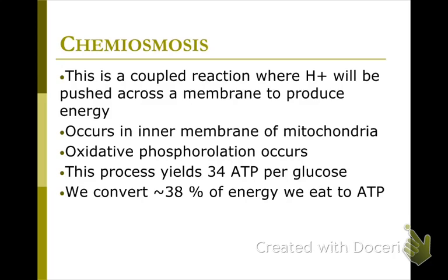That's the only issue, because it only converts about 38% of the energy we eat to ATP. Where's the other 62% going to? Heat, right? So that's the reason our body actually stays warm, is because we're only converting 38% of what we eat into usable energy. The other is being released as heat. It could also be used as storage or anything like that.